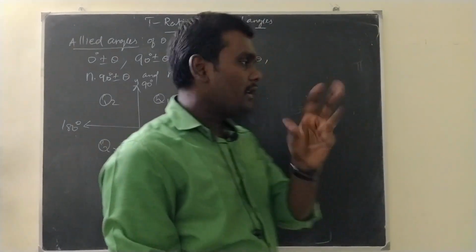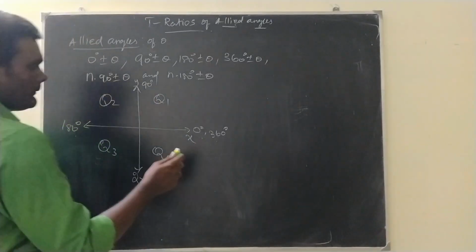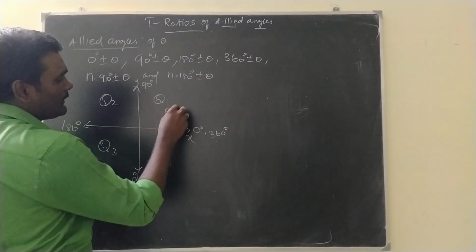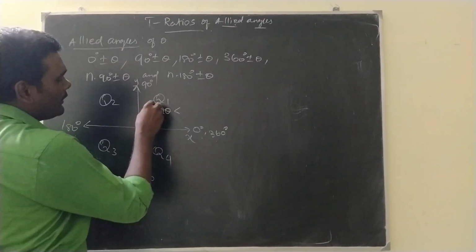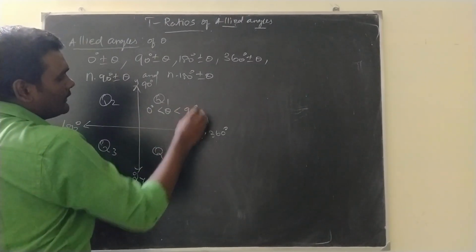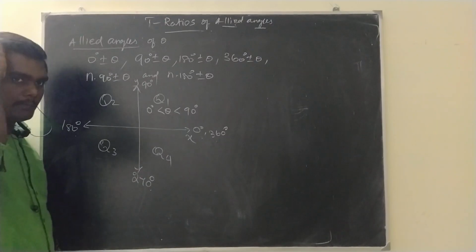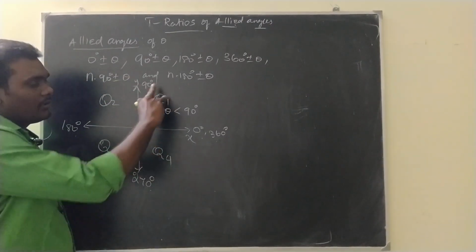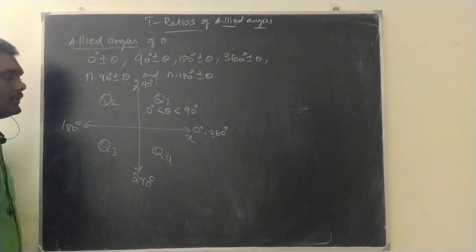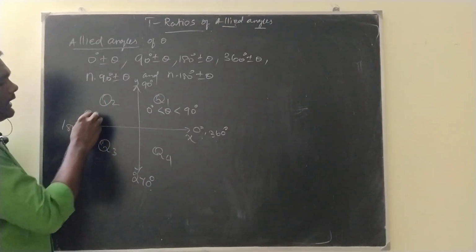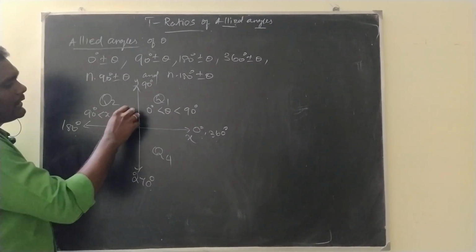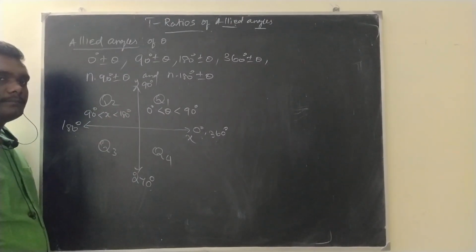Now, what is the angle variation in quadrant 1? Here, if the angle you are taking is theta, that angle lies between 0 degree and 90 degree. When it is exactly 90 degree, it lies on the y axis. It will not lie in the quadrant. In the second quadrant, the angle variation is from 90 degree to 180 degree.